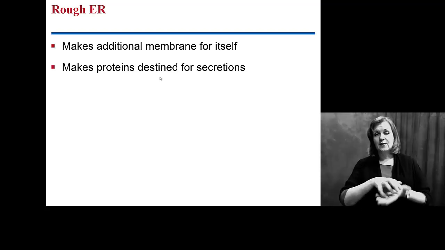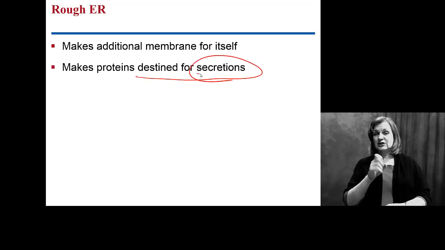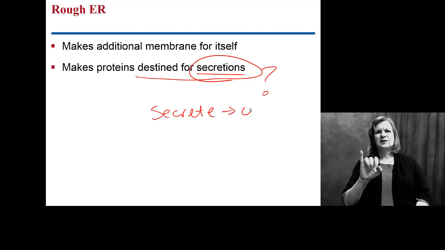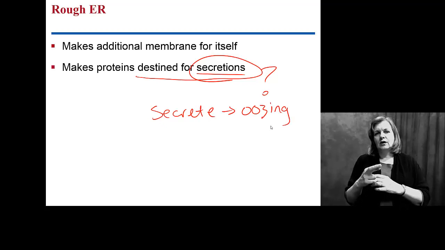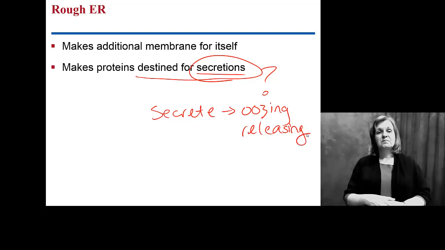So if I tell you here that the rough ER makes proteins that are destined for secretions, what does it mean to secrete something? So you might think about oozing or releasing. All would work, okay?